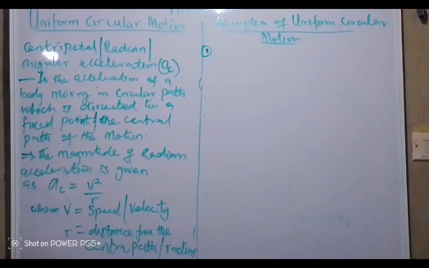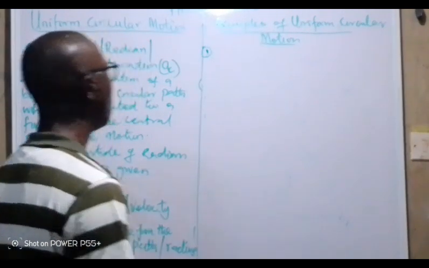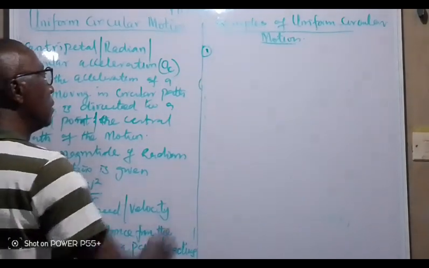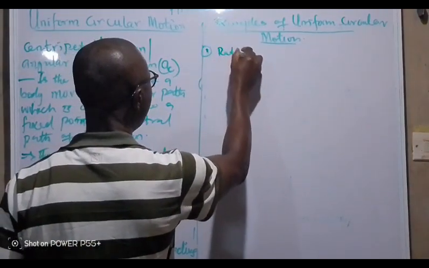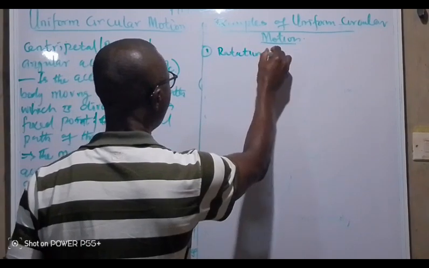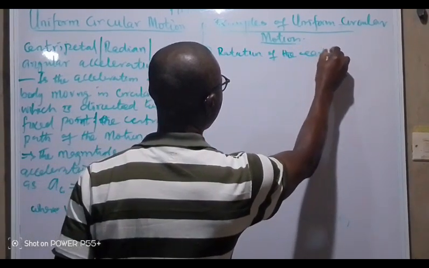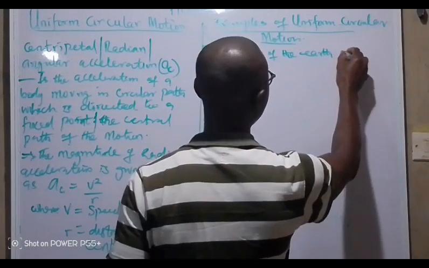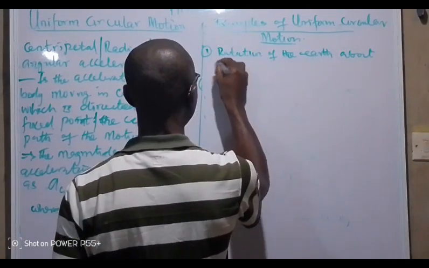Now, let's look at examples of uniform circular motion. Number 1: rotation of the earth about its axis.